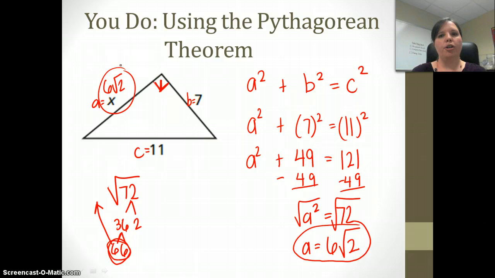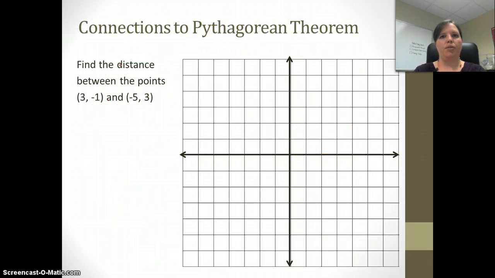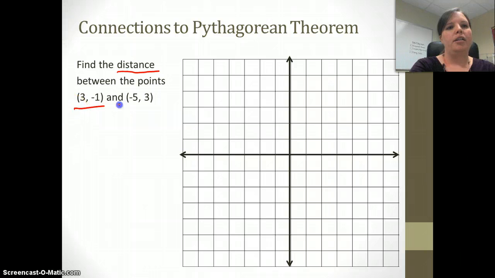So the Pythagorean theorem, one place we can use simplifying square roots. The second place is when it comes to finding distance, and distance between 2 points. So there's point 1 and there's point 2.